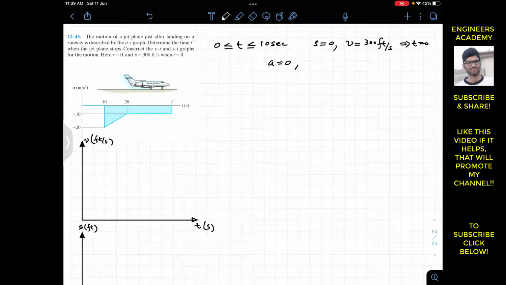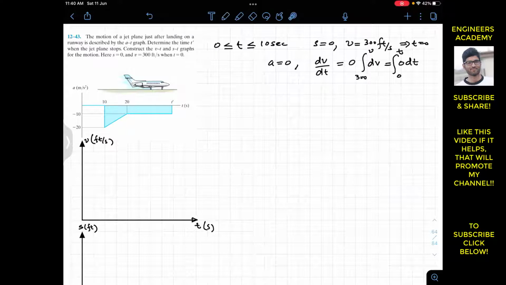Now the acceleration is equal to 0, and from this we can say that dv by dt is equal to 0, since acceleration is equal to dv by dt. From this we can write that dv is equal to 0 dt, and to find the velocity function we have to integrate this from 0 to t. The velocity goes from the initial velocity, so when t equals 0 the velocity is 300, so 300 to v.